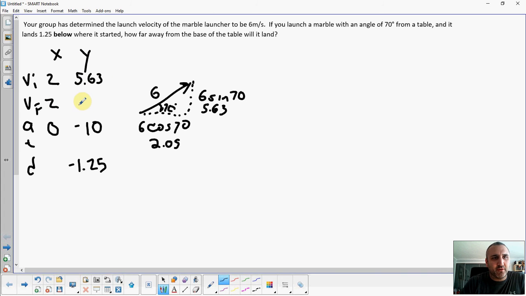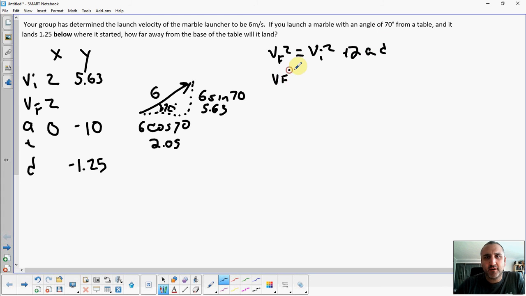And the y dimension, we don't know. So that's the first thing we have to figure out, is how fast is this thing going in the y when it gets to where it's going, because once we have the initial velocity in the y and the final velocity in the y, we can figure out what the time is. So the way we do that is use the equation VF squared equals VI squared plus 2AD. And we know most of this, just not VF.